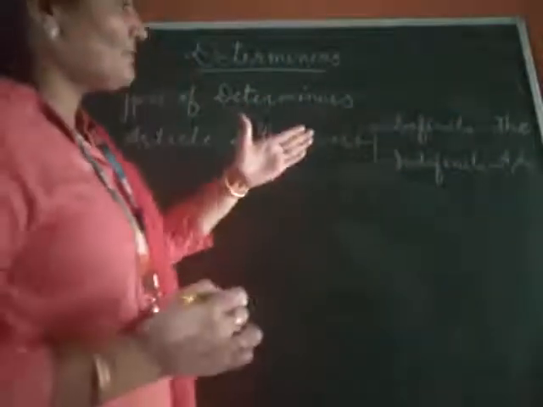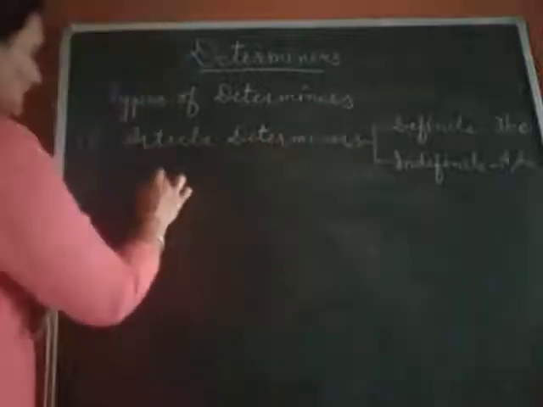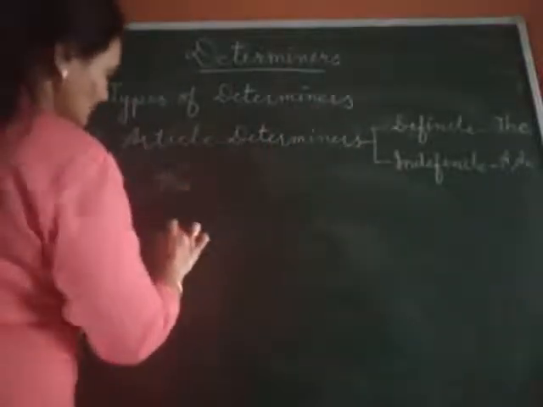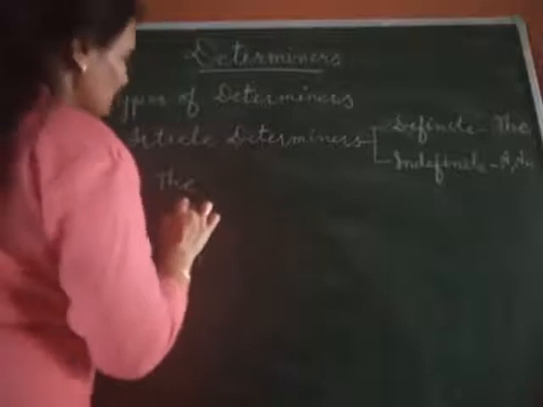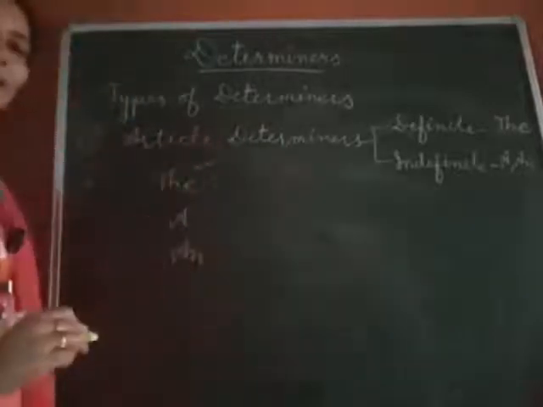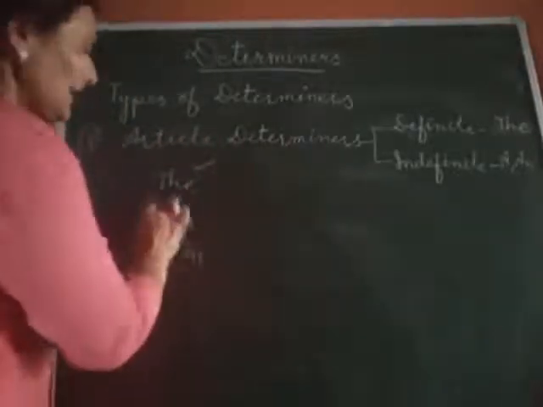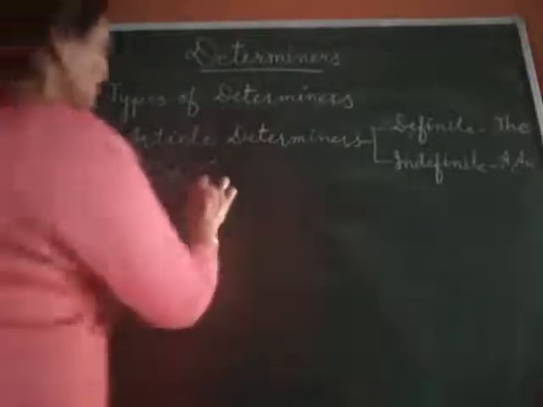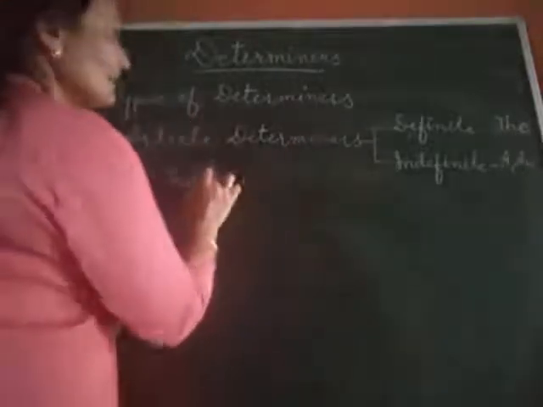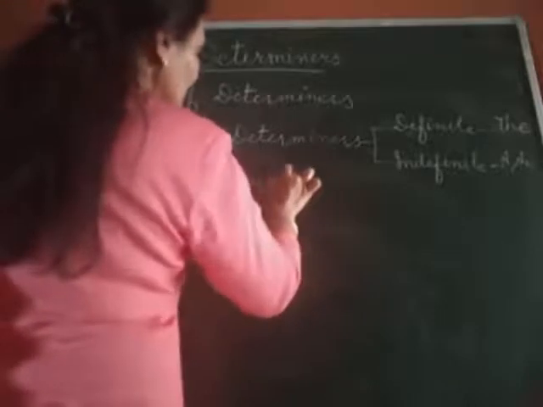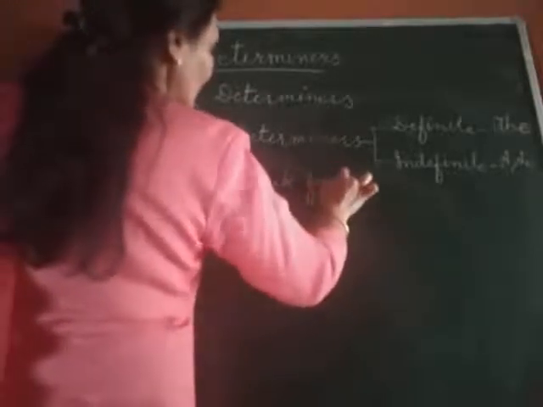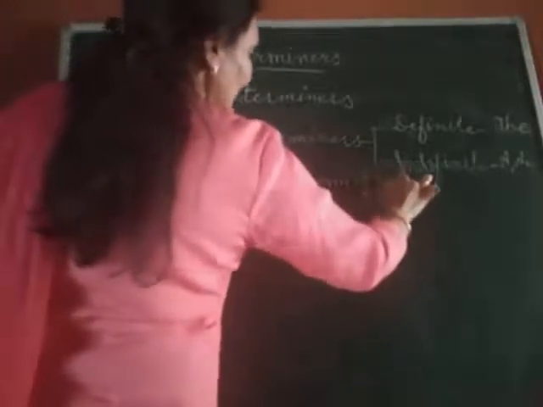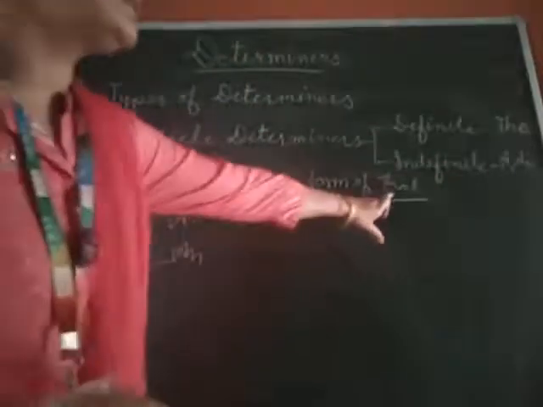The is the definite article, and a or an are indefinite articles. So I have written the, a and an here. This is the definite article, and these are indefinite articles.